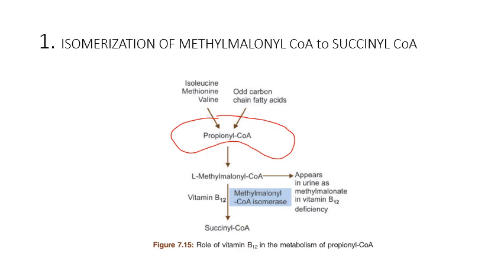Before that, what will happen? Propionyl coenzyme A will be converted into an intermediate, initially D-methylmalonyl coenzyme A and further to L-methylmalonyl coenzyme A. This L-methylmalonyl coenzyme A will finally be converted into succinyl coenzyme A with the help of the enzyme methylmalonyl coenzyme A isomerase, also known as methylmalonyl coenzyme A mutase, which requires vitamin B12 as a coenzyme.